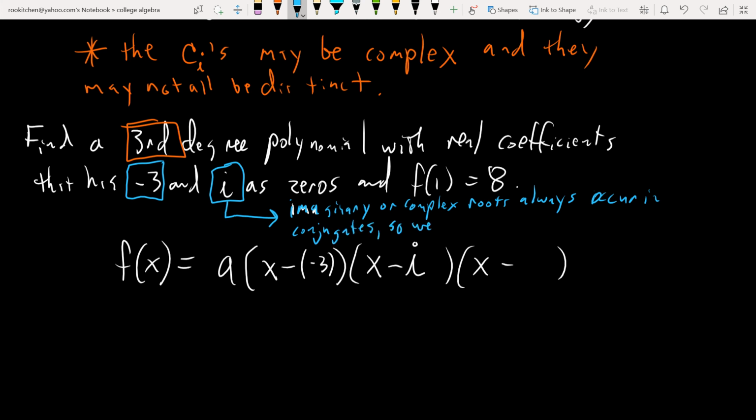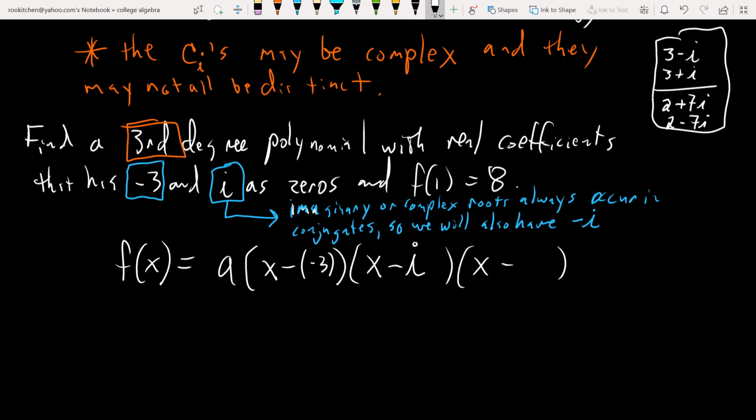So we will also have, in this case, -i as another root. Remember conjugates, how did that work? If you have the complex number 3 minus i, the conjugate is 3 plus i. If you have 2 plus 7i, the conjugate is 2 minus 7i. Those are conjugates, that's what I mean. So if you have i, then its conjugate is -i. And so we can finally put this third one in here like this.